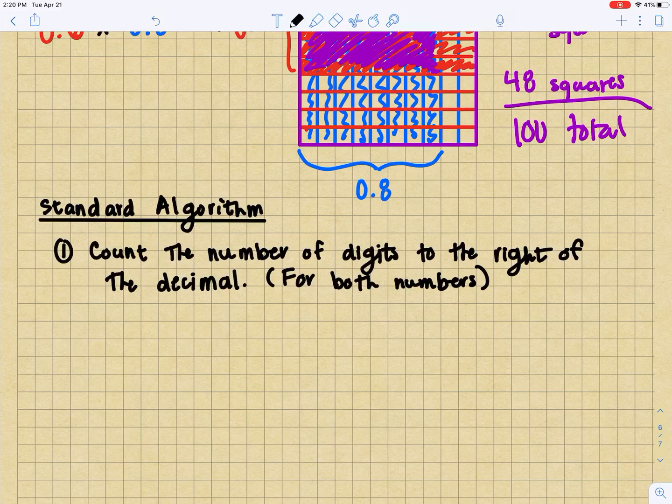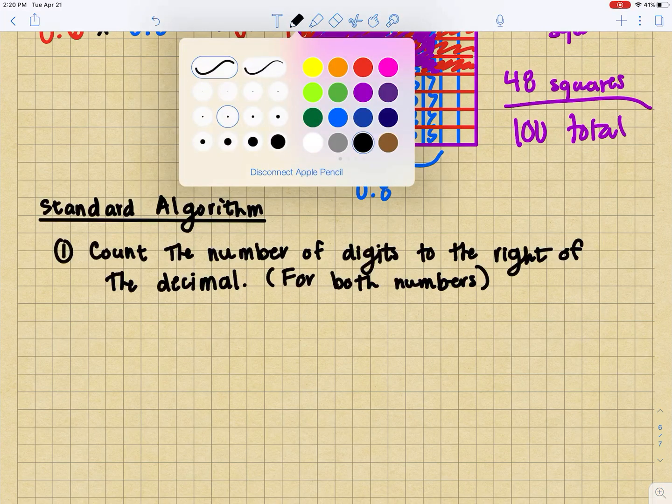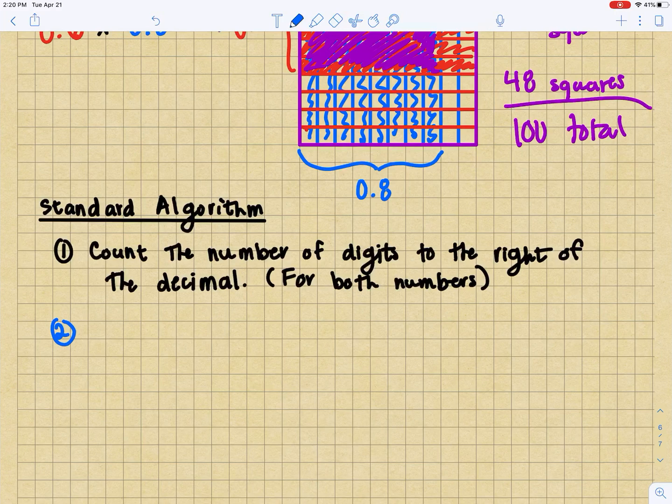Second step. You're going to treat the numbers like whole numbers and ignore the decimal point, and then you're going to multiply.